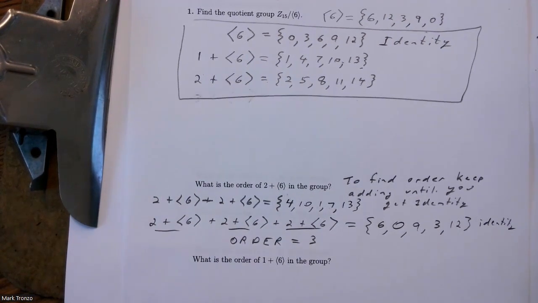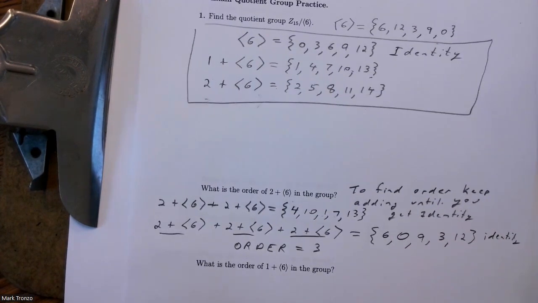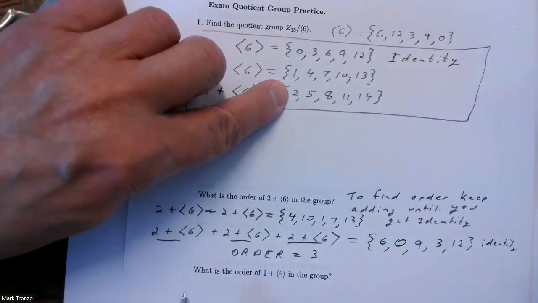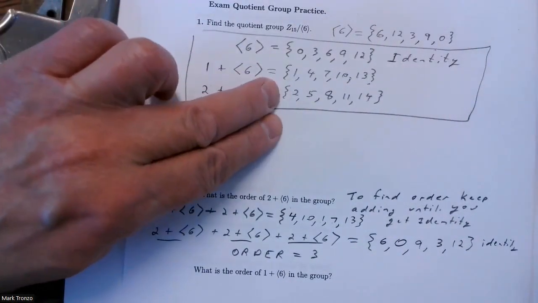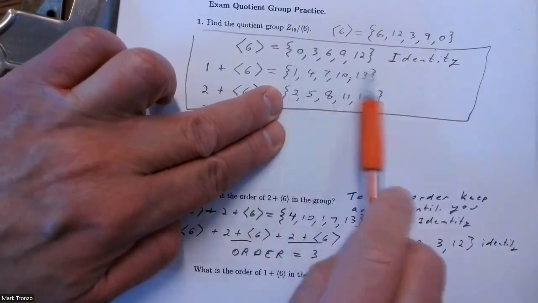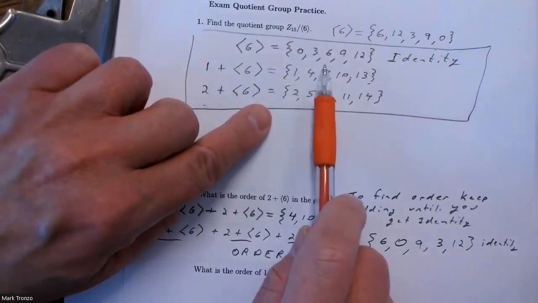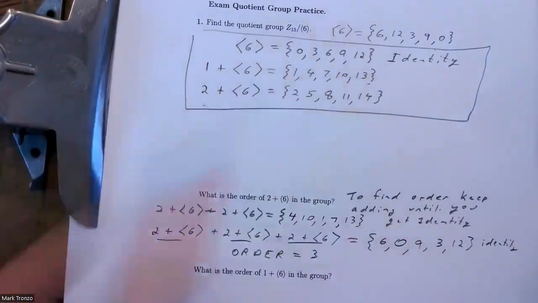And once again, if you want to take a shortcut, you could take any element and add it to itself a number of times till you got something in the identity, huh? In other words, we could have just added 2 to itself twice and got 4 and seen that wasn't in the identity, then add it to itself again to get 6.